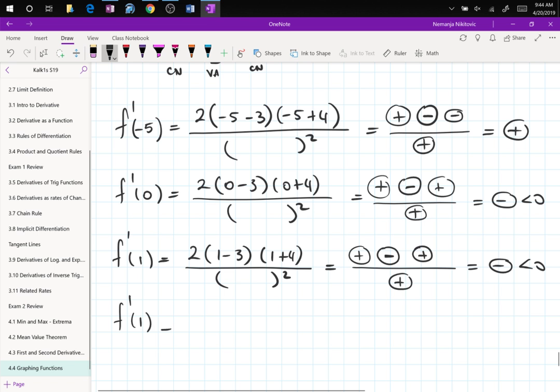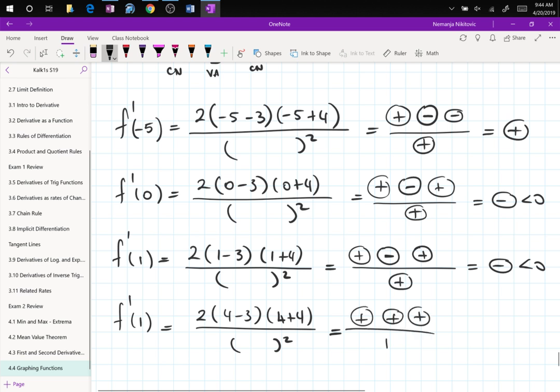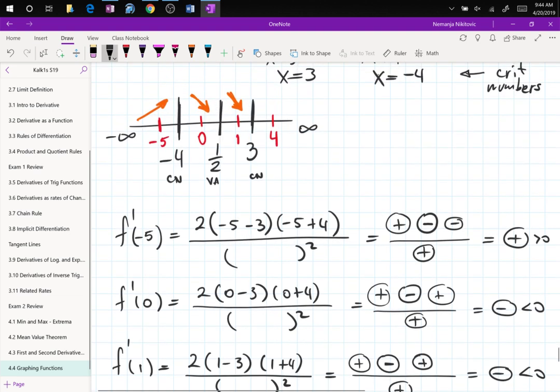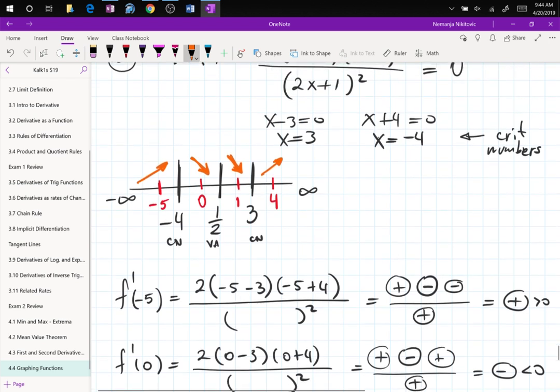F prime of 4 is going to be 2 times (4 minus 3)(4 plus 4), divided by something squared. And this is going to be positive across the board. All of the factors are positive, larger than 0. So we have increase. What do we get for free? We get for free that the negative 4 is a max, and at 3 we have a min.